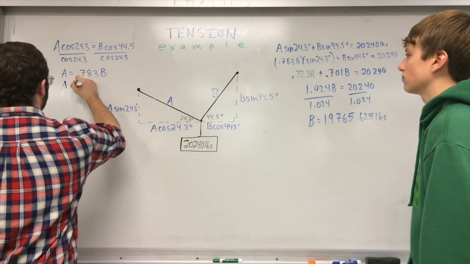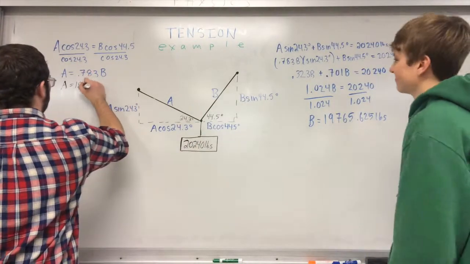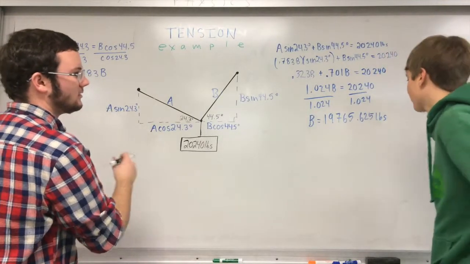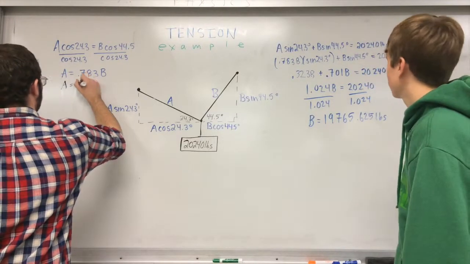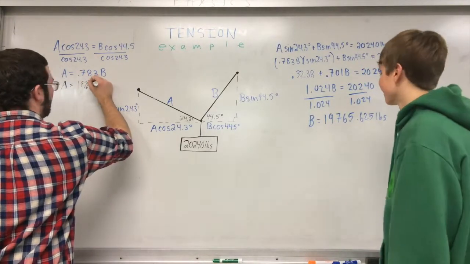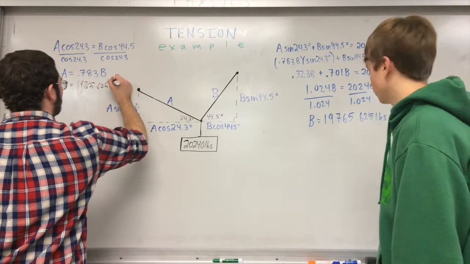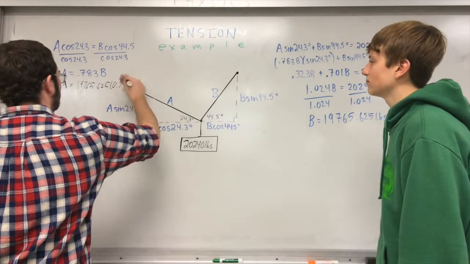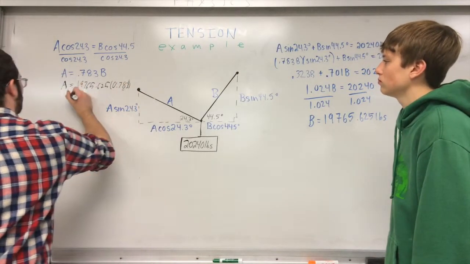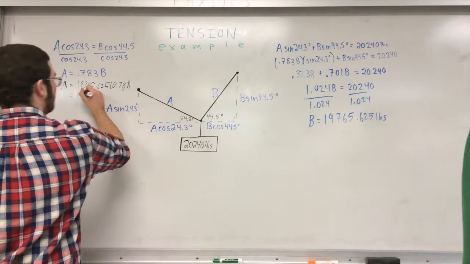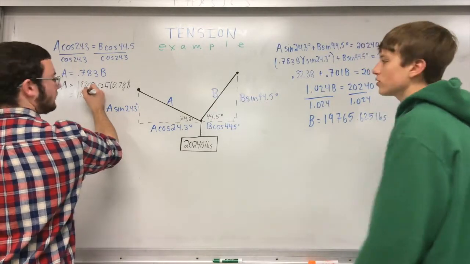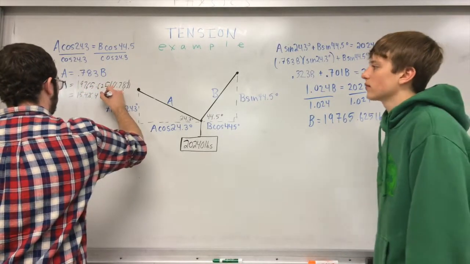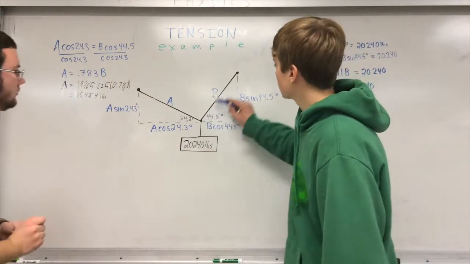Sorry, that is the wrong one. 19,765.625 is B, times 0.783, which is going to equal 15,476.4 pounds.